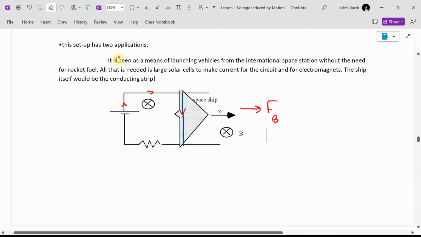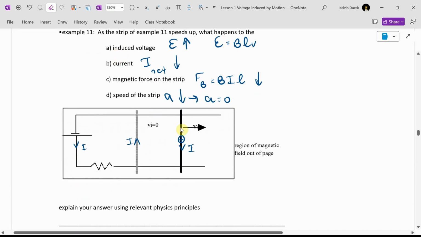The other application, if I scroll back, what this means is this particular gun will be at its coolest when it's at its fastest. Because what causes metal to heat up? Current. When is the current at its minimum? The current is at its minimum when it's no longer accelerating, when you hit the equilibrium point.